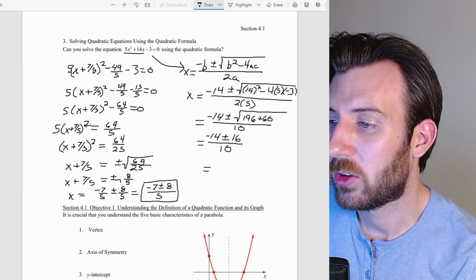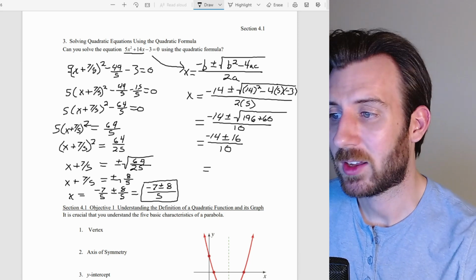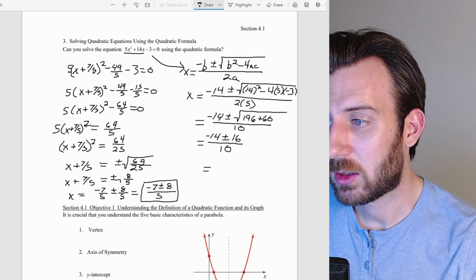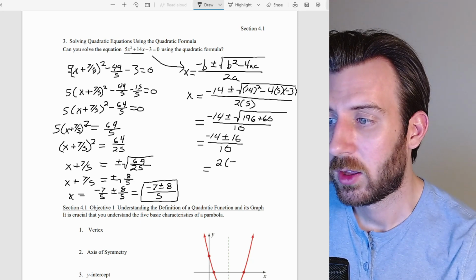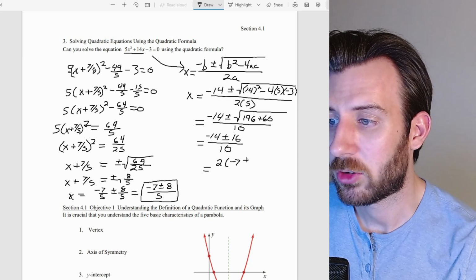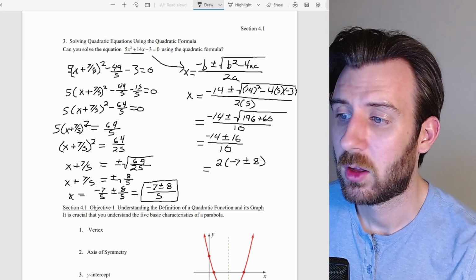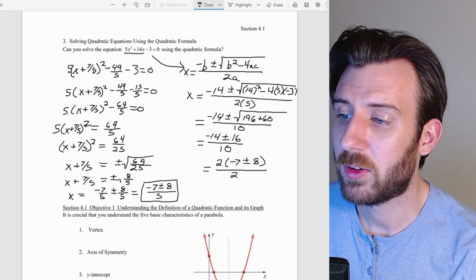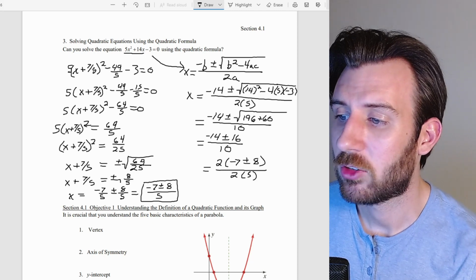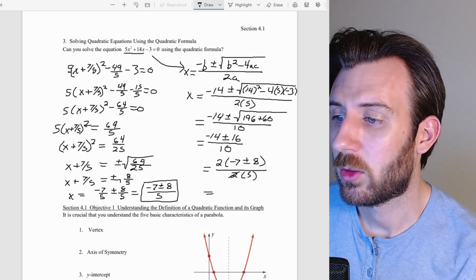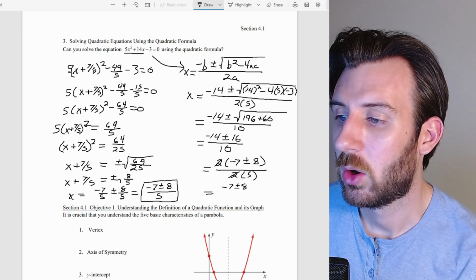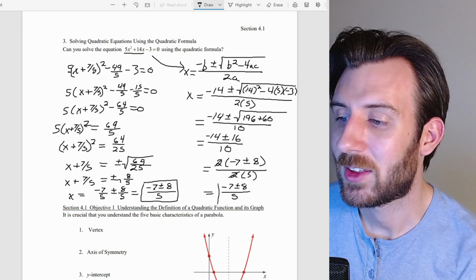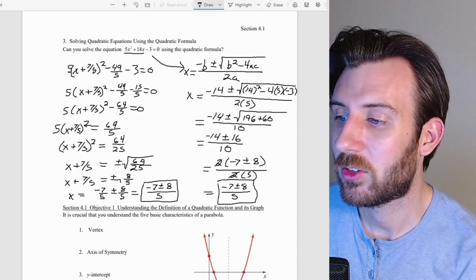And is equal to, let's see, I think we can simplify this out by recognizing that on the top, all of this is two groups of negative 7 plus or minus 8 divided by two groups of 5. And sure enough, if you take away those 2's, you're left with negative 7 plus or minus 8 over 5.